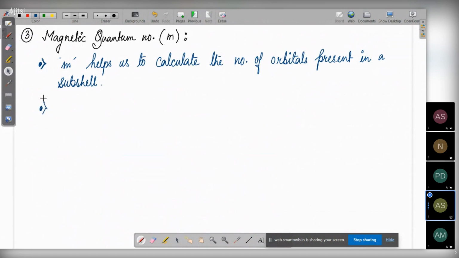So we can get to know about the number of orbitals that are present. Now we'll get to know what an orbital is firstly, right?